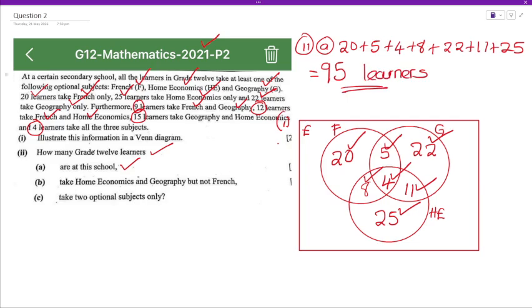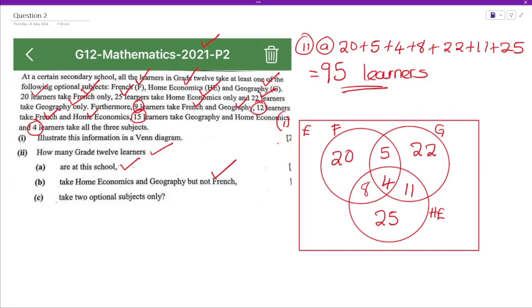How many take home economics and geography but not French? We're looking for learners who take only 2 subjects. What are these 2 subjects? Home economics and geography but not French. Where do we find these guys?